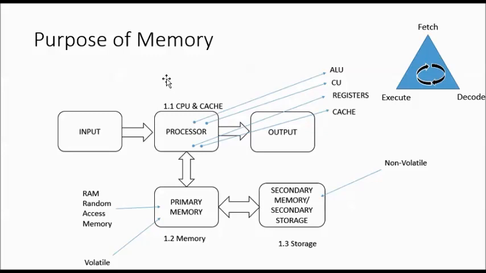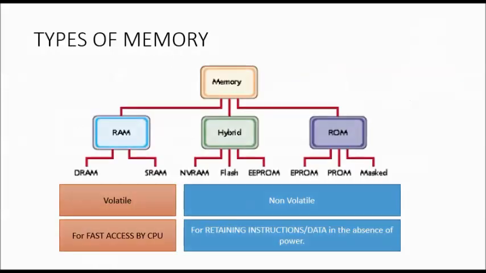So what we need is a new type of memory that not only can store instructions and data, but is electronic and can retain its contents even when power has been lost. This type of memory is known as ROM. RAM is volatile.